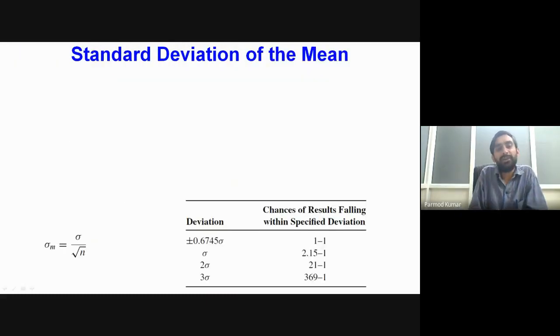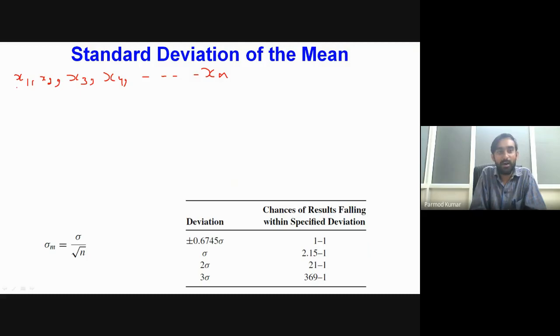Basically, when we represent any experimental data, we take n number of data points in a sample, x1, x2, x3, and so on up to xn.